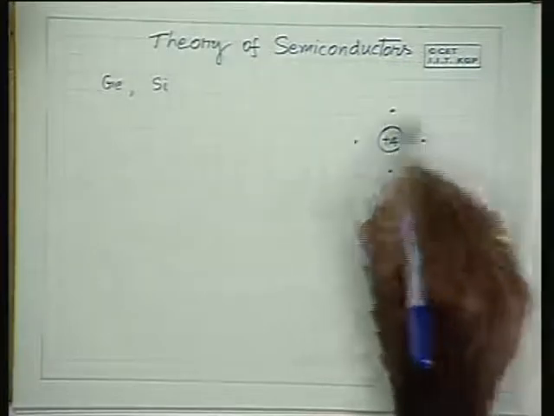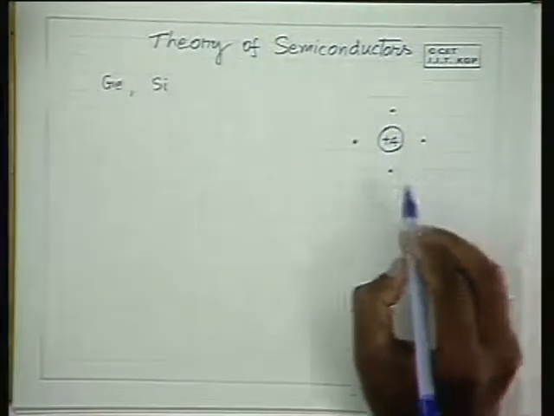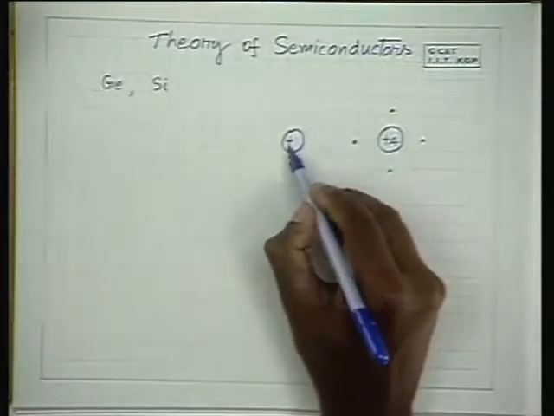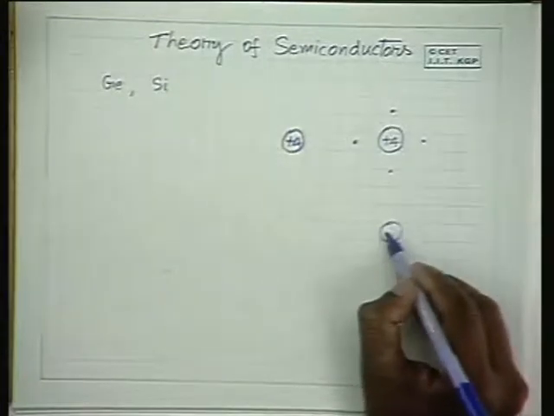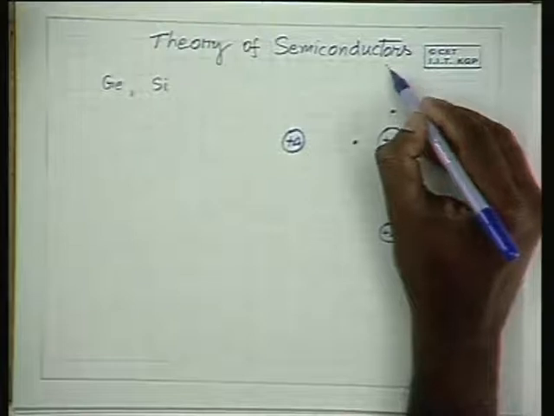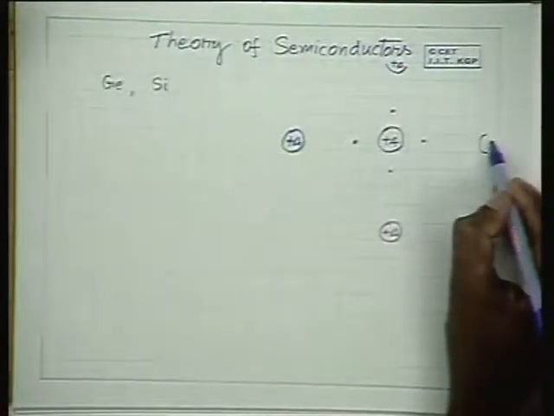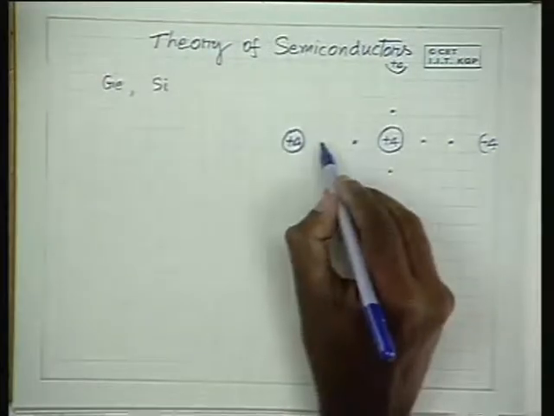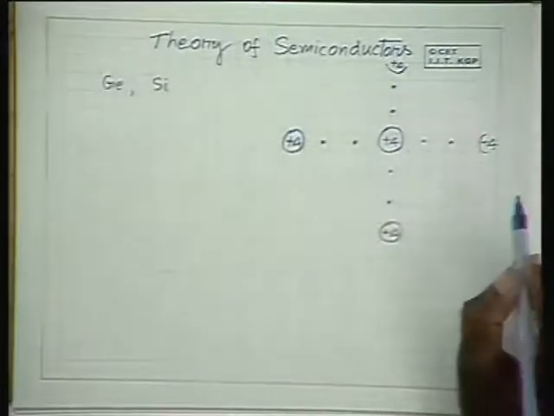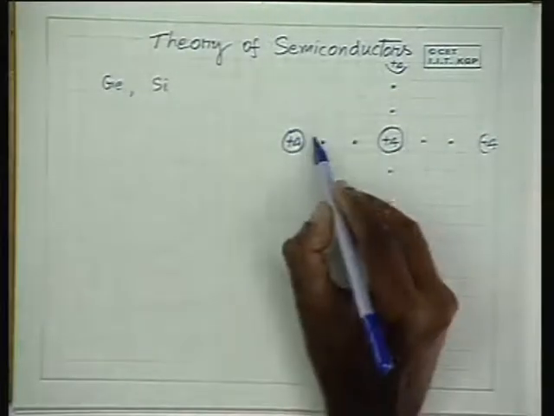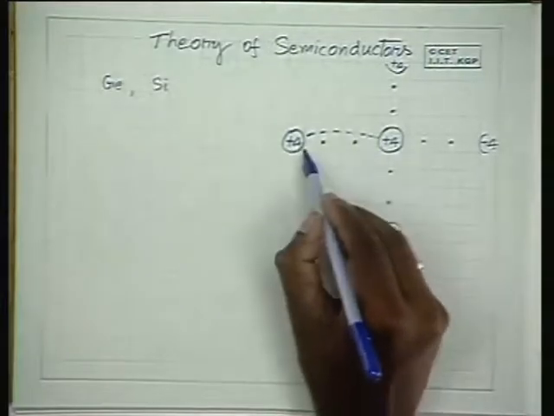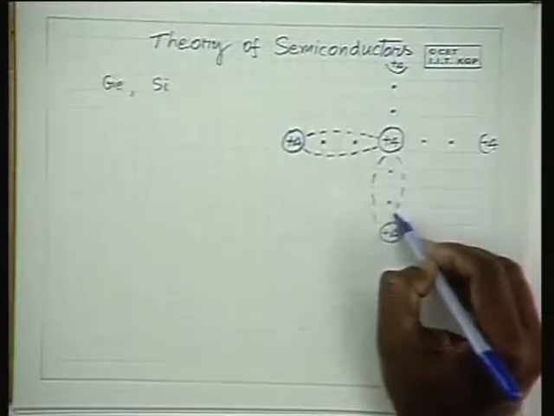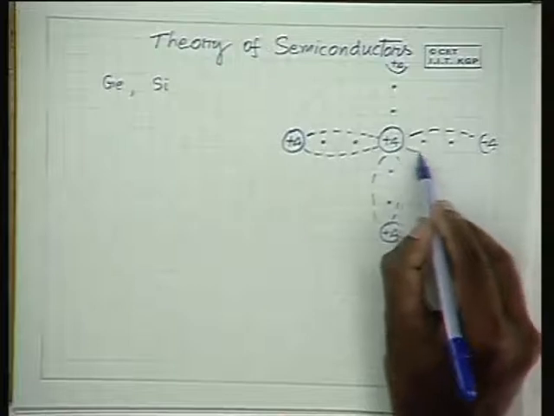Now, this silicon atom, for instance, forms covalent bonds with adjacent silicon atoms by sharing one electron each from the adjacent atoms. So, the orbit is then complete and you have a covalent bond formed between adjacent silicon atoms.